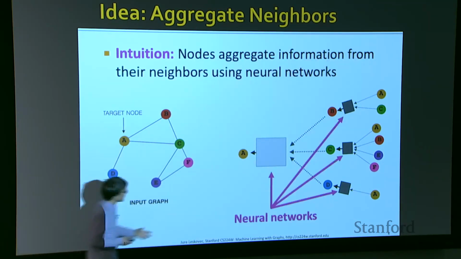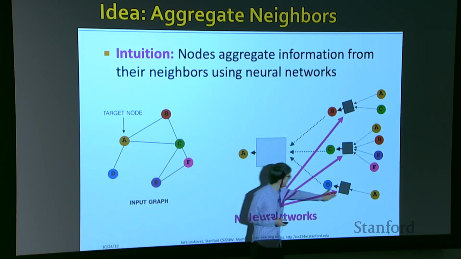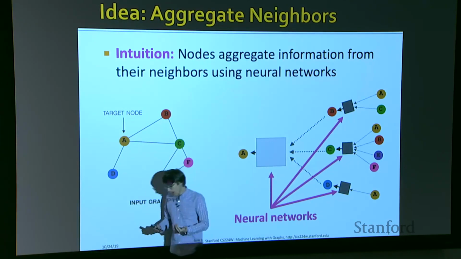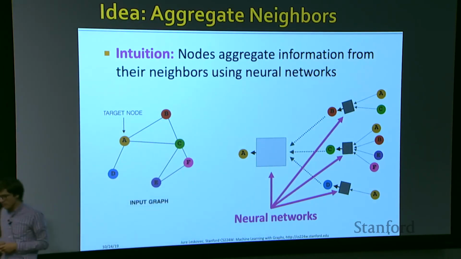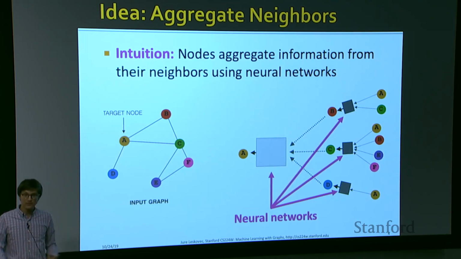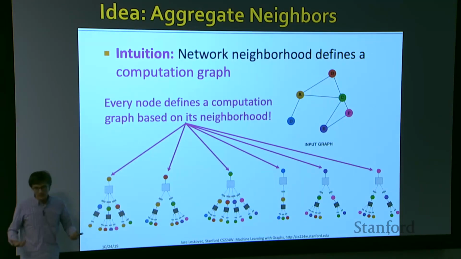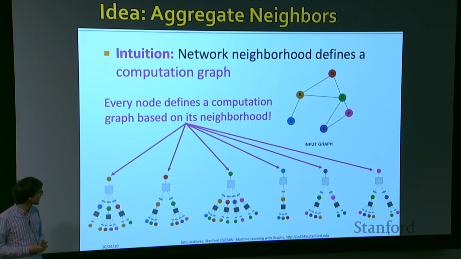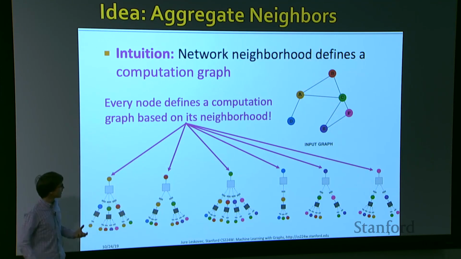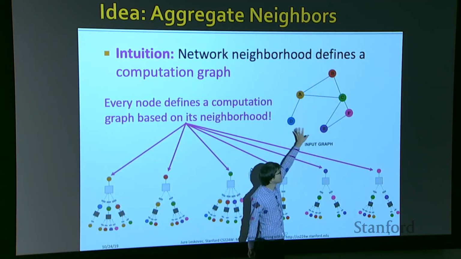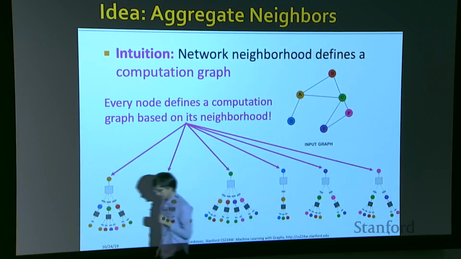We then talked about how in these boxes we have these trainable operators that allow us to learn how to aggregate and propagate information over these graphs. And then what was a new concept that is fundamentally different than how we usually think of neural networks is that every node in this case has a different neural network structure, because the structure of the neural network itself depends on the structure of the network around the given node.